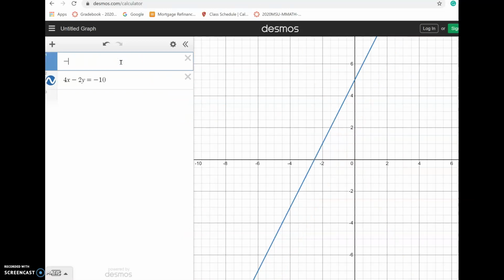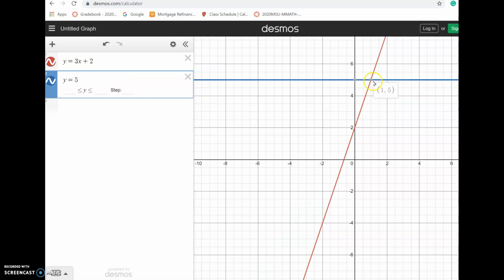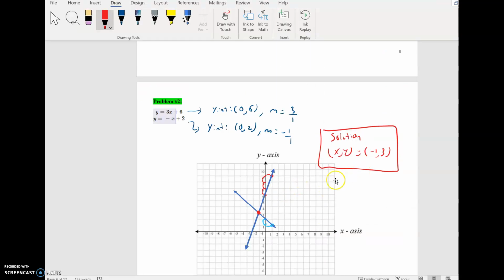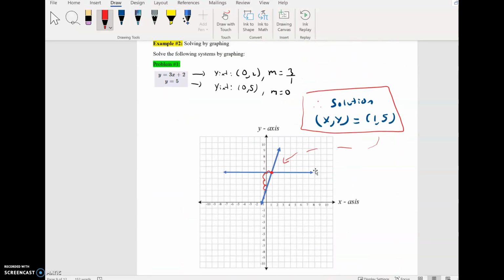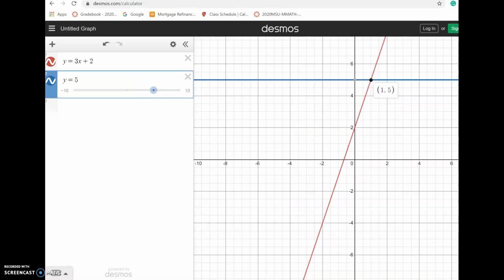The first system was y equals 3x plus 2, and the second equation was y equals 5. Here's what we found on our sketch. Let me go back to the file. On the first one, we found (1, 5) as a solution, and you can see here (1, 5) is our solution. So we're good on the first one.